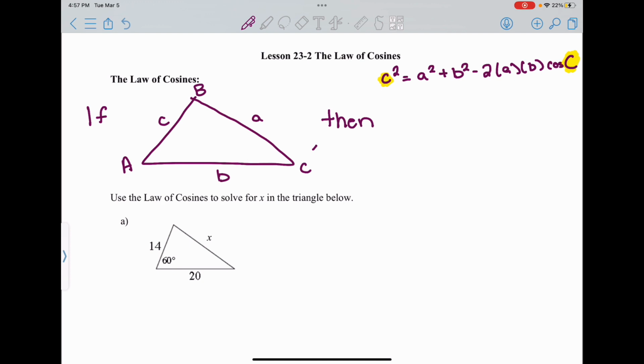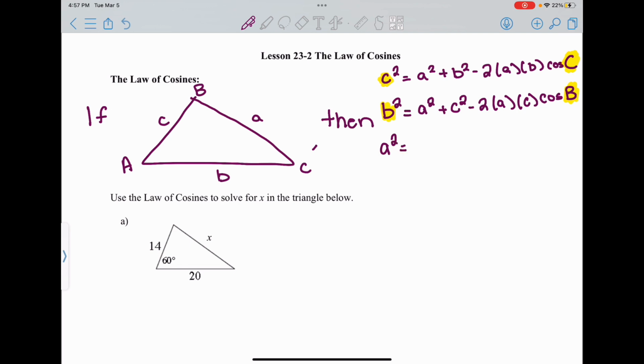Now there's different variations of this. I don't have to start with side c. I could start with side b, and if I start with side b, then I would do a squared plus c squared instead, minus 2 times a times c, and then cosine of b, because the letter I start with has to be the letter I end with. And I also could start with side a.